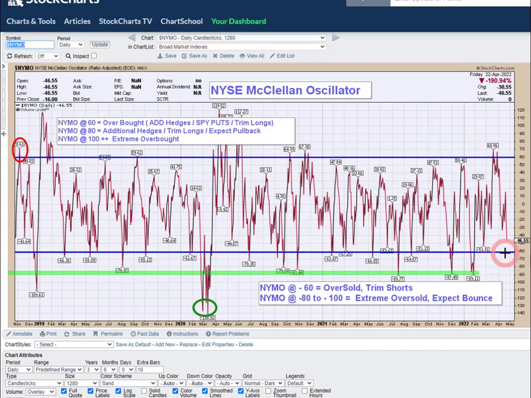So I would definitely start transitioning your mentality from being short. At minus 60 it's definitely going from green to yellow, and proceeding down to minus 90 is, get out of your shorts and expect a bounce.